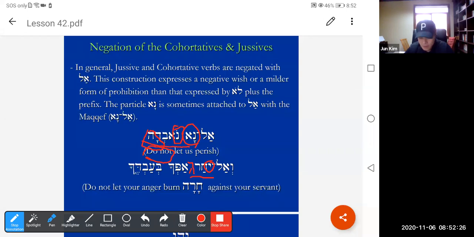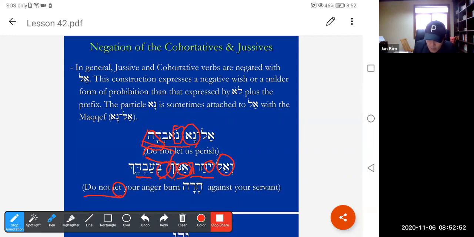Okay, so then now you need to put it as a jussive, but together with al, then you are going to simply emphasize the meaning of don't let, do not let. Okay, so af means anger, and then what kind of anger? Your anger. So, and do not let your anger burn.